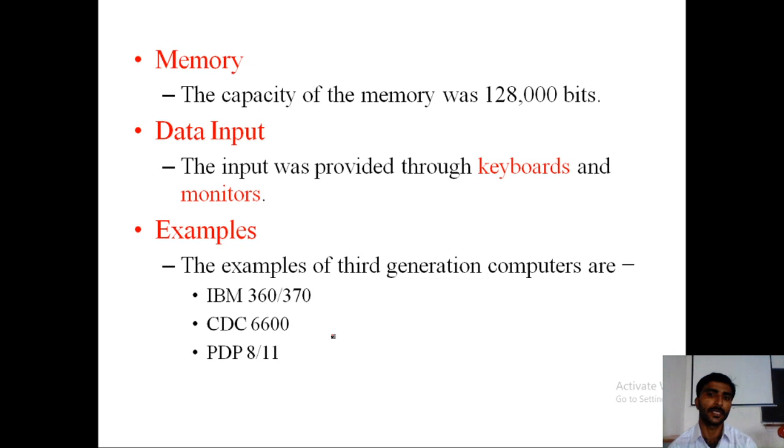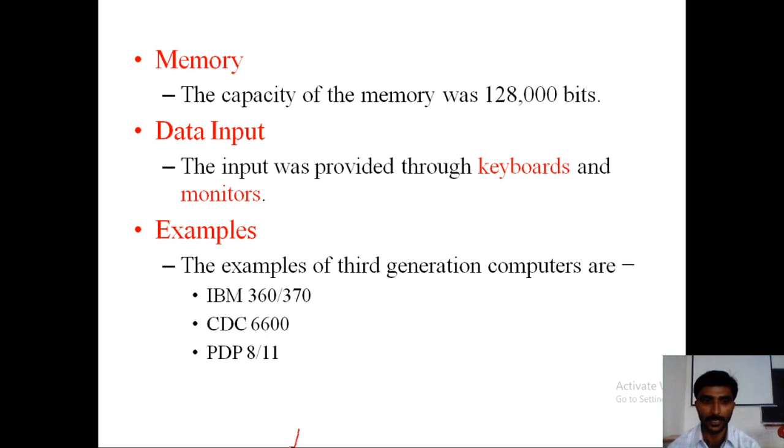What is the memory capacity? Here it is 128,000 bits. For data input they used keyboards. In the third generation they used keyboards, an input device, to provide inputs, and monitors for output. What are the examples of third generation computers?